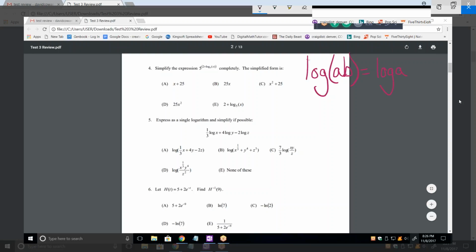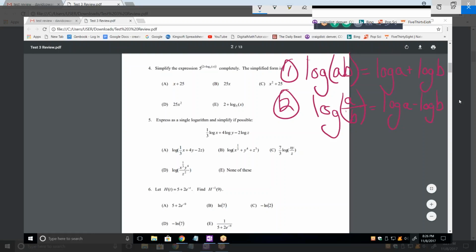Or log of a plus log of b. There you go. That's rule number 1. Must memorize these. Not only do you have to memorize them, you got to be able to go both ways. They're going to give you just as many problems where you got to go from right to left as from left to right. Here's rule number 2. What do you suppose that is? Log of A minus log of B.